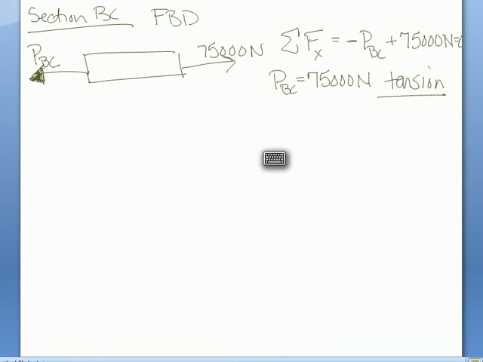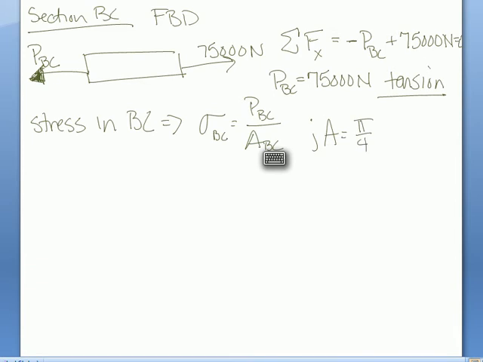So, now that we have the internal force, we can find the stress in this section BC. Sigma BC is equal to the internal force divided by the area, where the area equals pi over 4 times the diameter squared. The diameter in this section is 0.02 of a meter.